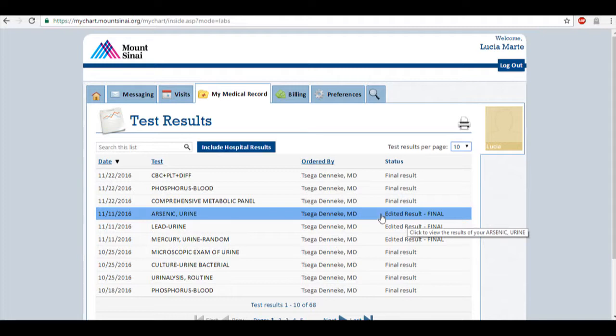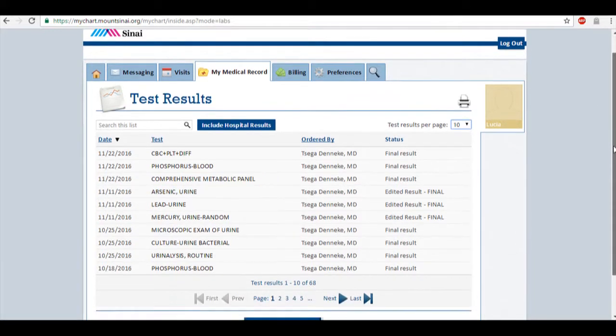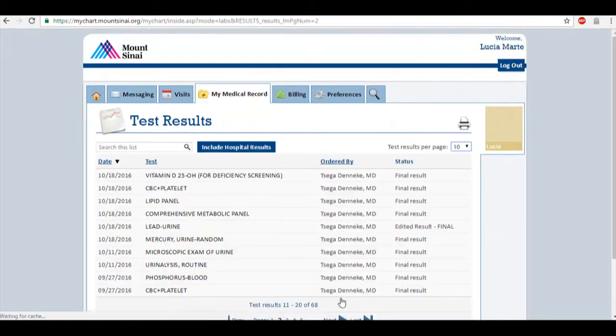Okay, notice over here it says edited results. I've been pushing. I've taken the 24-hour urine test for heavy metals 4 times. 4 times. And I'm going to show you every time what results I got back.